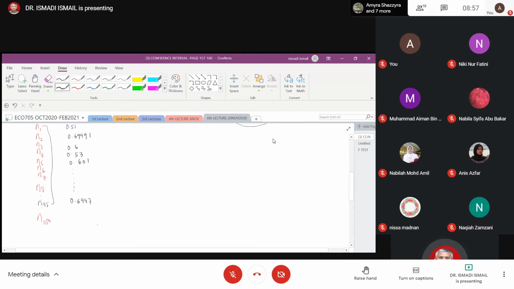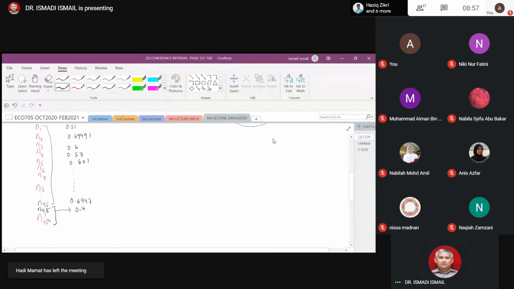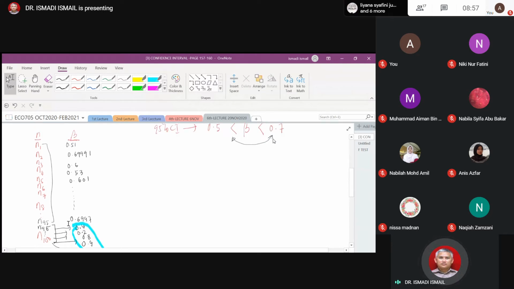What would happen to sample 96 up to 100? The value here is outside the confidence interval, like 0.8, 0.9, 0.71. So for these 5 samples, the true coefficient will lie outside the confidence interval.